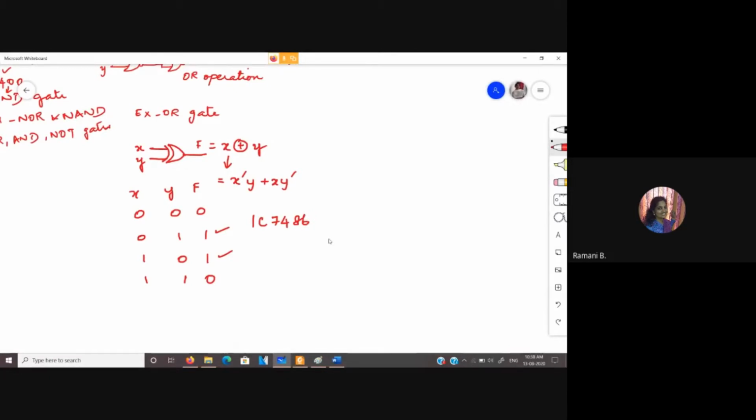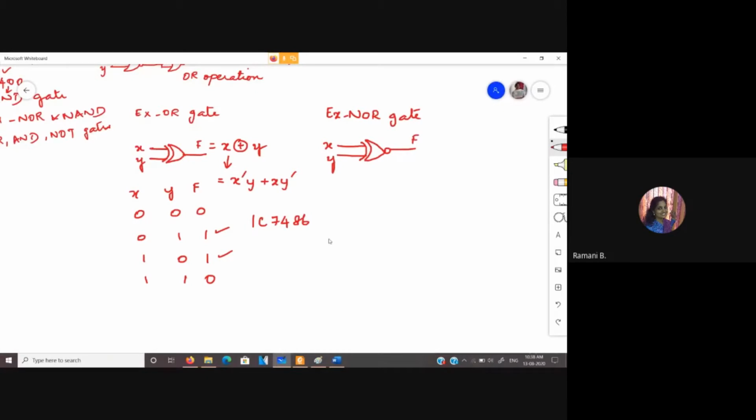So that is about the XOR gate, and the XNOR gate is the exact opposite, or the complement, of this. The symbol is just that you need to place a bubble in front, as we do for the NAND gate, NOR gate, or NOT gate. So the XOR symbol with a bubble in front will be your XNOR gate.